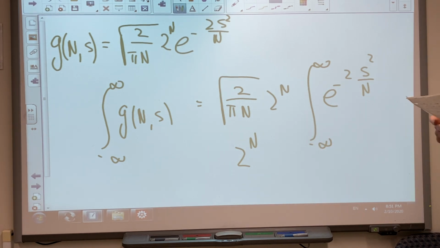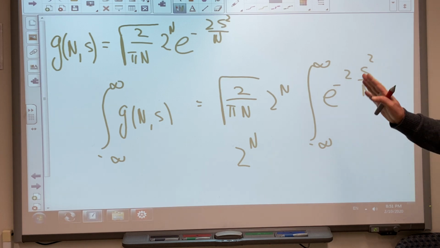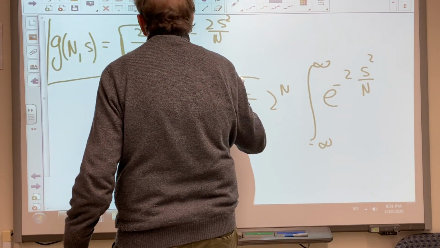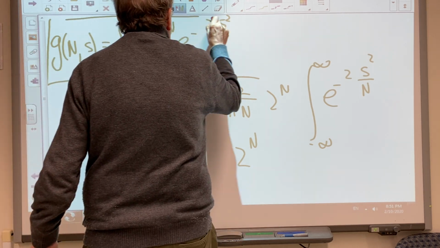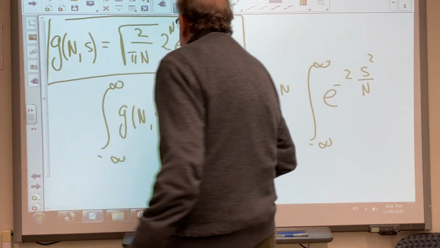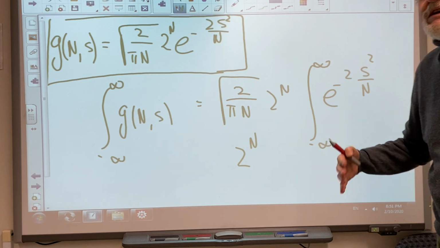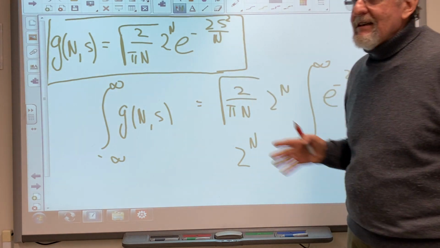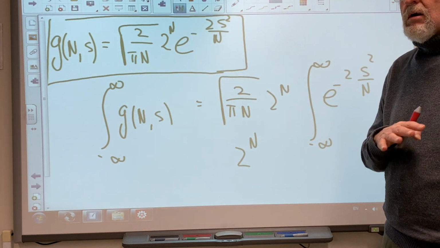This is called the Gaussian approximation to the binomial distribution. This is valid. The only thing that I use is that n was a very big number and that s over n is small.